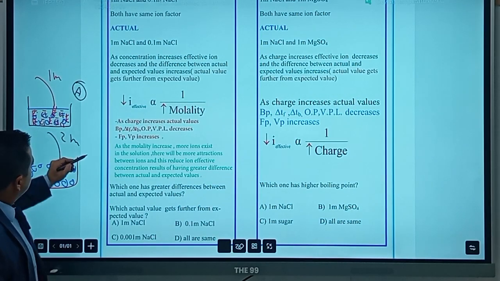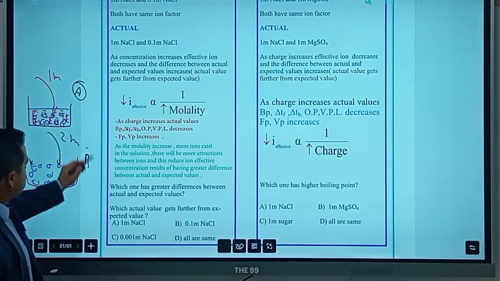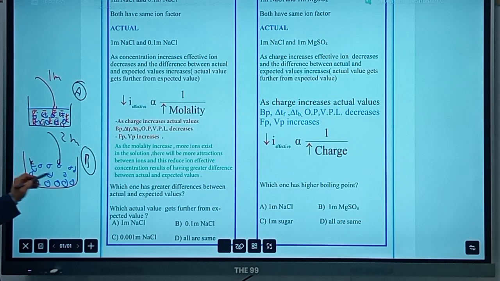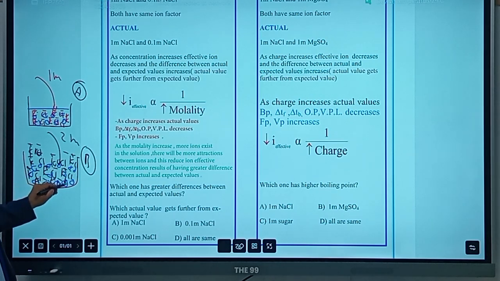So solution A and solution B. Cl: 1, 2, 3, 4, 5, 6, 7, 8, 9, and 10.